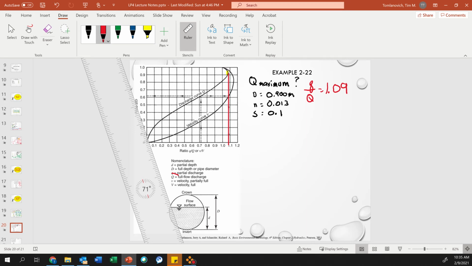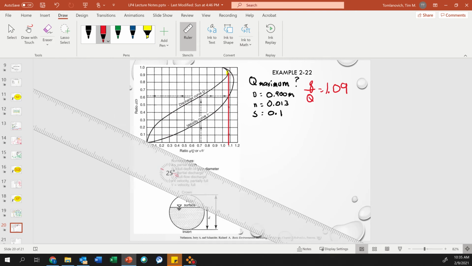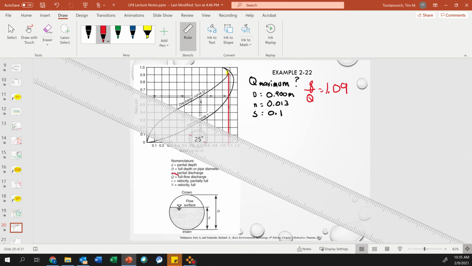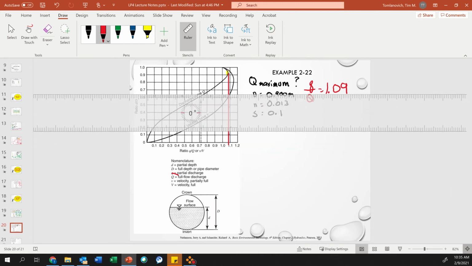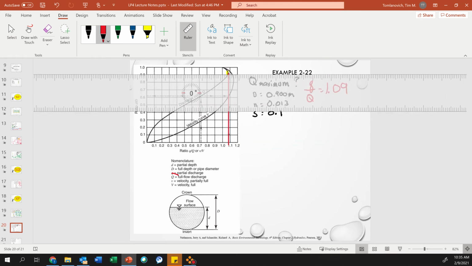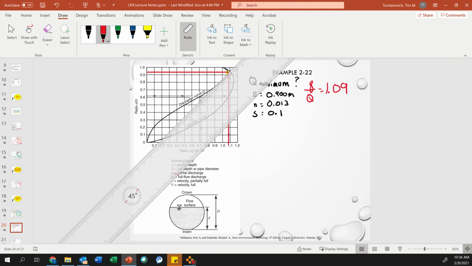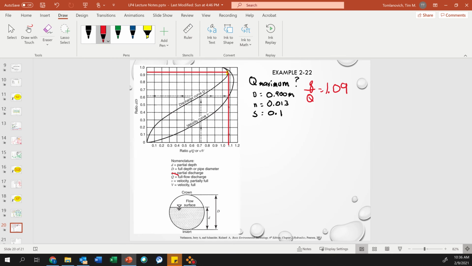And then if I look over here, just for sakes, my d over D, my partial depth divided by my full depth, I'm going to say is 0.94.